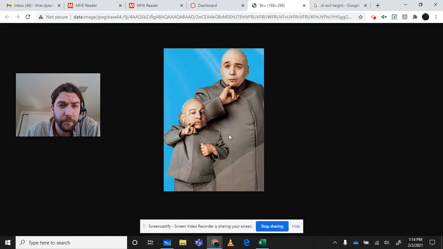Here, if you've ever seen the Austin Powers movies, then you may have recognized these guys. This is Dr. Evil, and this is Mini-Me. Mini-Me is a smaller version of Dr. Evil. So these two are kind of supposed to be the same guy, where one of them is a smaller version of the other.